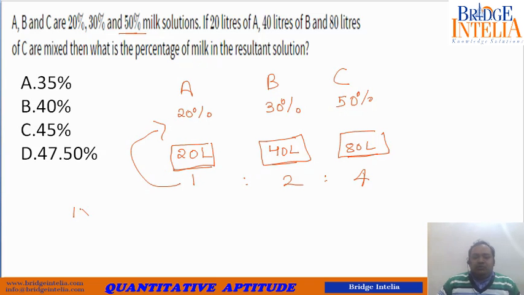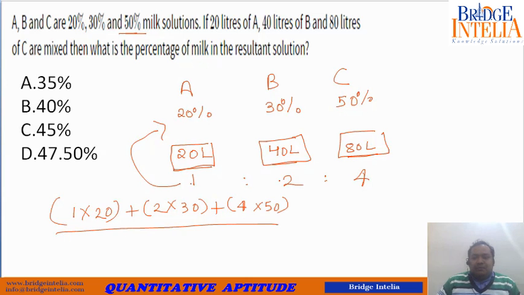So 1 into 20 plus 2 into 30 plus 4 into 50, whole divided by 1 plus 2 plus 4.